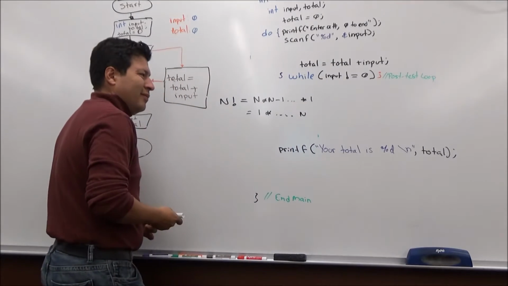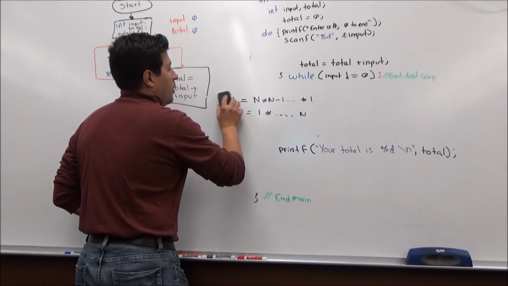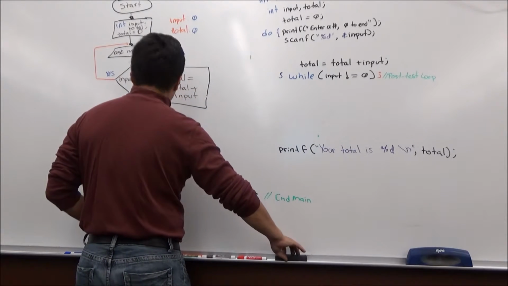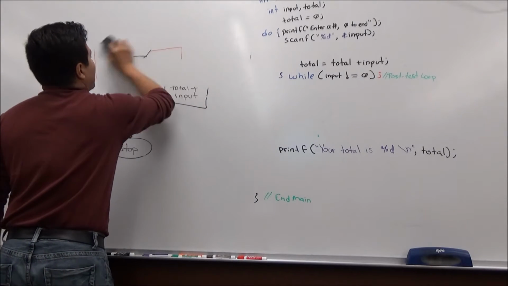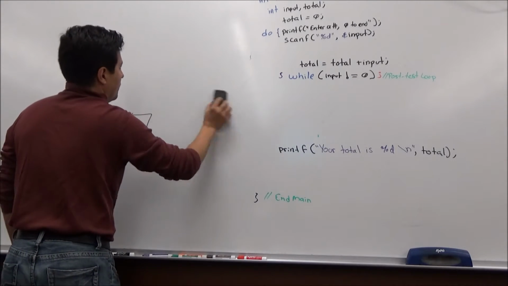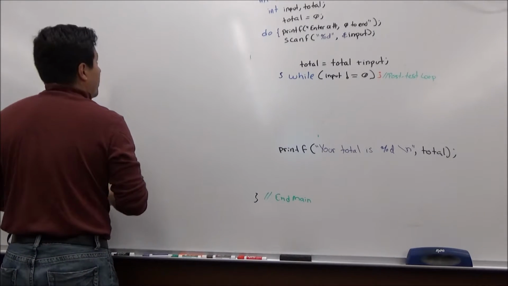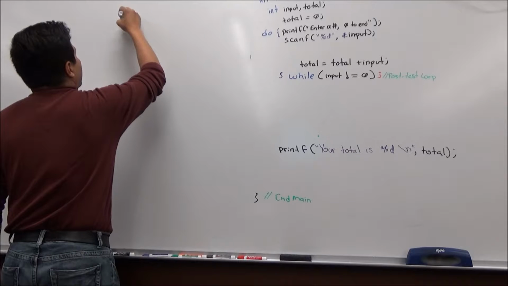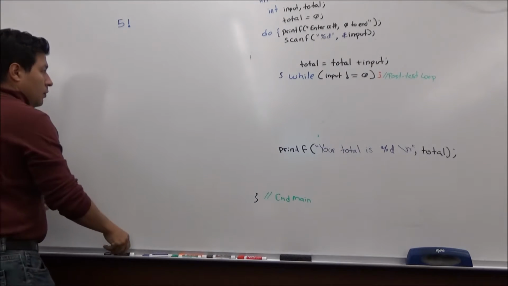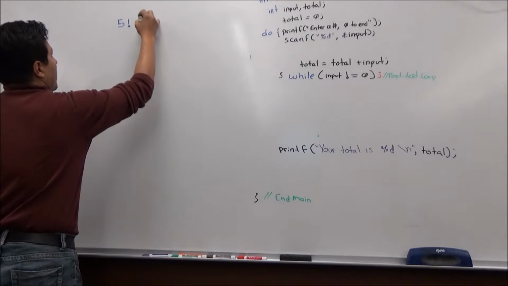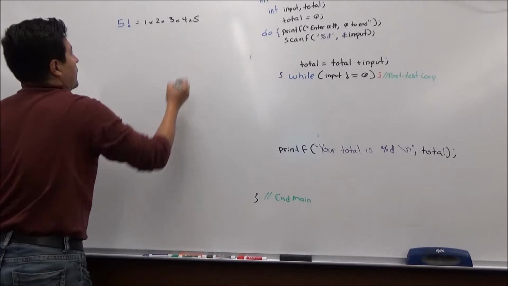So if I have factorial of 5, it's the same as, right? 1 times 2 times 3 times 4 times 5, right?